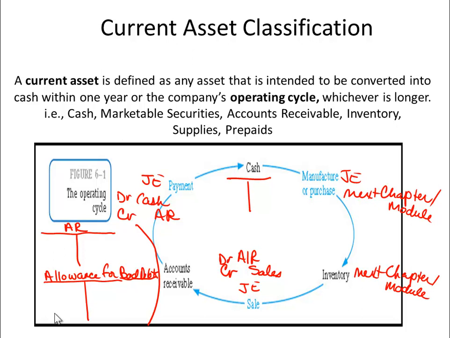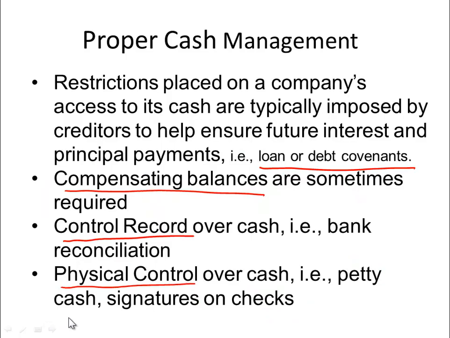So those are the two current asset accounts that we use to track what we're doing with our customers. Finally, our customers pay, debiting cash, crediting accounts receivable, and we're back to our cash again. So that's kind of the overview of the operating cycle and what we're going to be talking about.